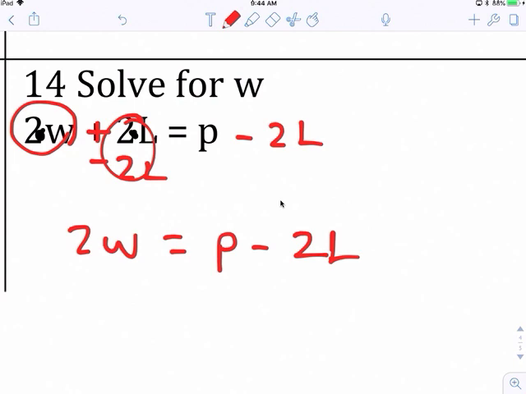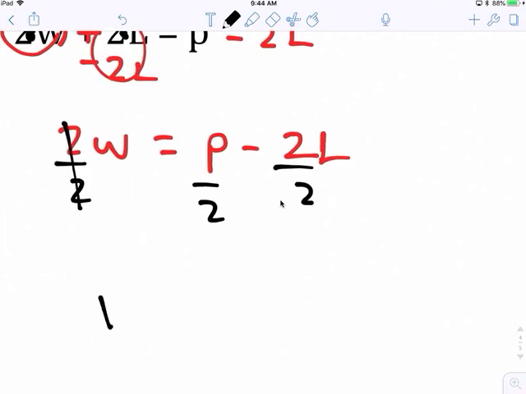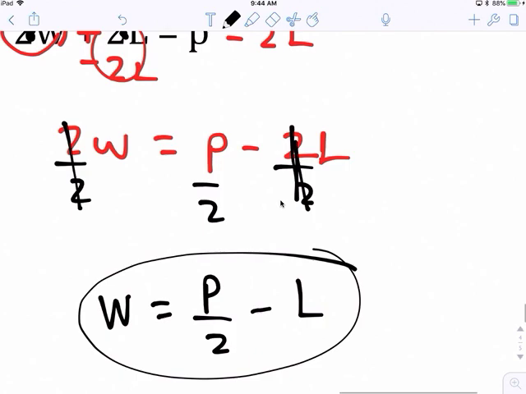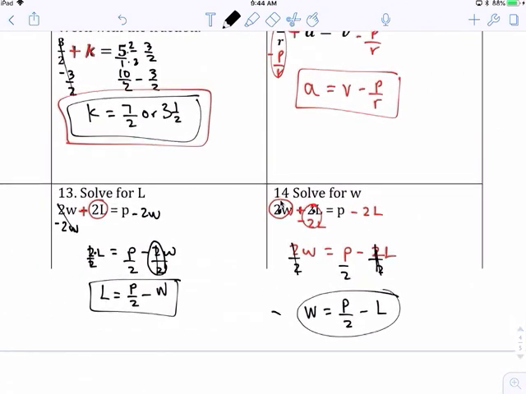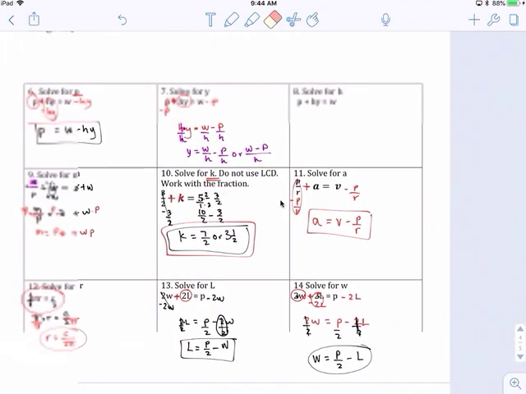And then you divide last by 2. W equals P over 2 minus, that's 1, 1 times L is L. And that's your answer. You got W by itself. Okay? If you have questions, make sure you ask.